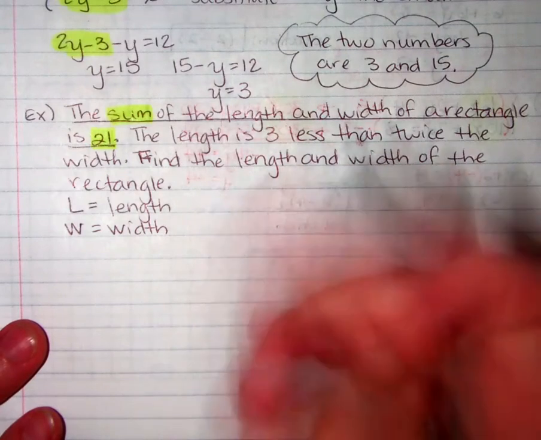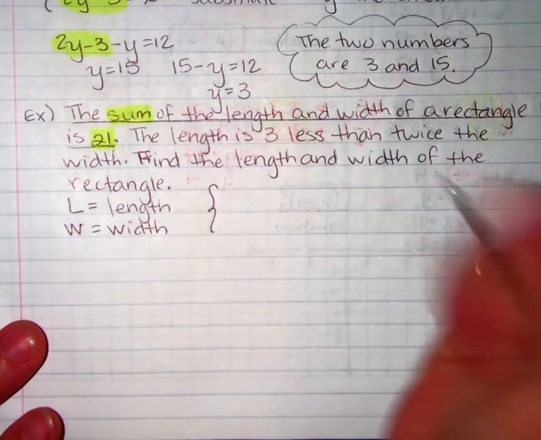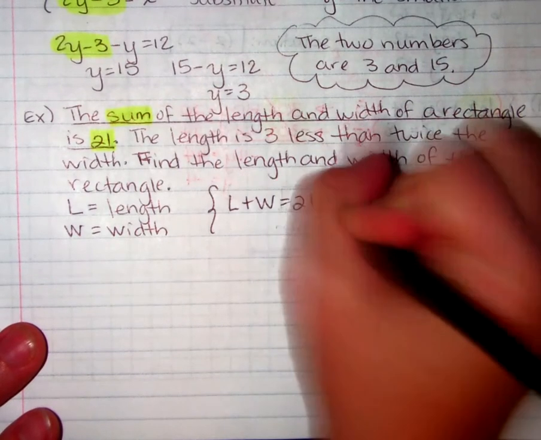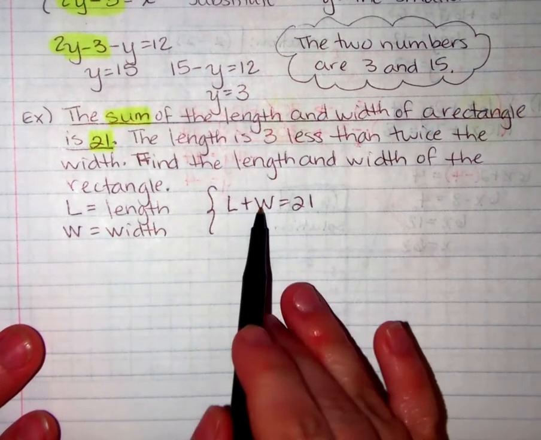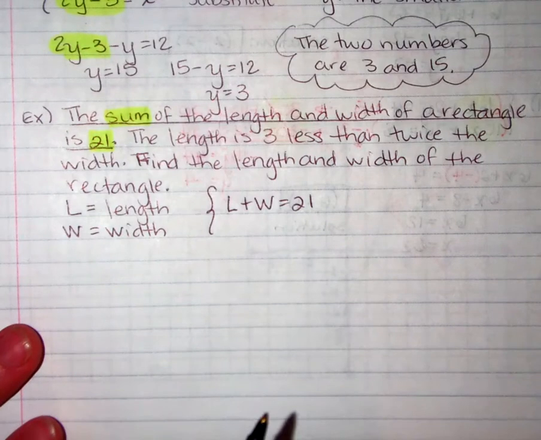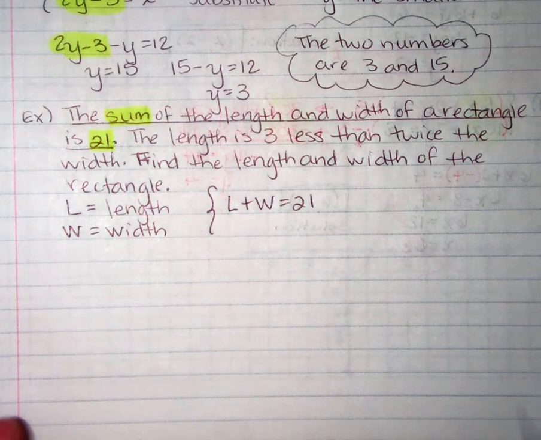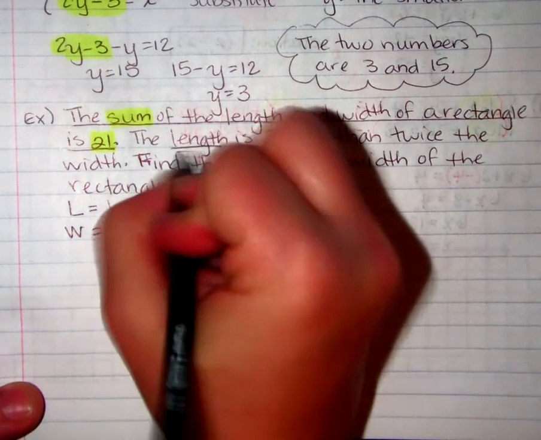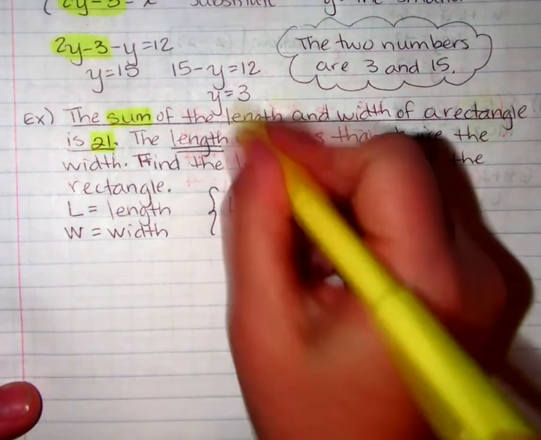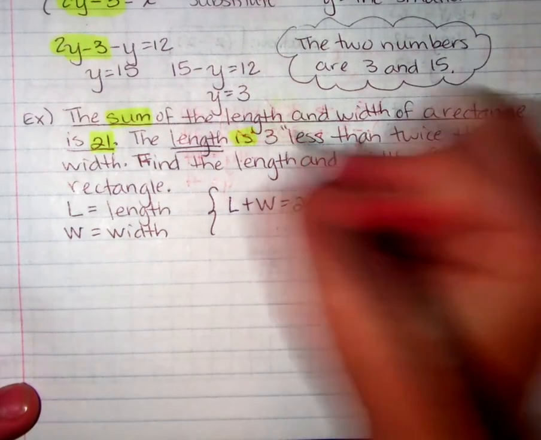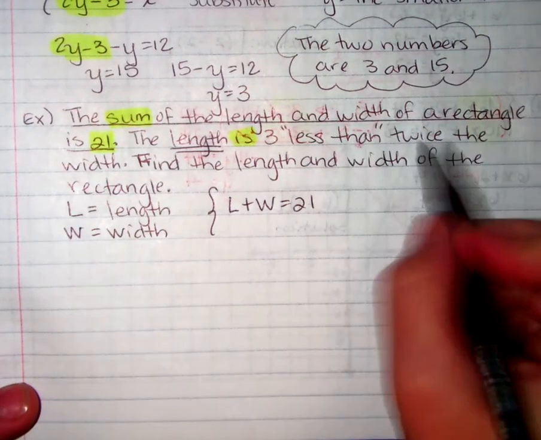So let's start setting up our system. Length plus width is 21, and that gives us the sum of the length and width is 21. Now the next part to our system, the next sentence says the length is, again there's another keyword, 3 less than twice the width.